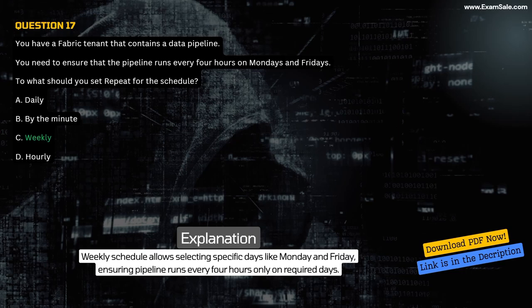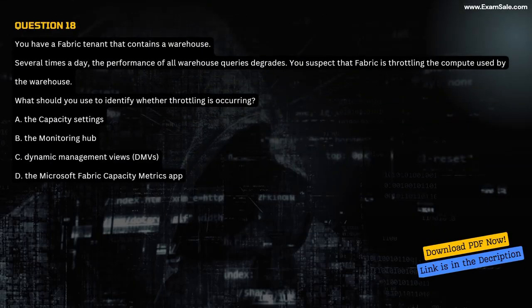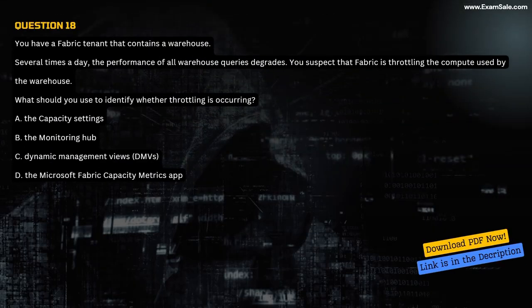required days. Question 18. You have a Fabric tenant that contains a warehouse. What should you use to identify whether throttling is occurring? A. The capacity settings. B. The monitoring hub. C. Dynamic Management Views, DMVs.